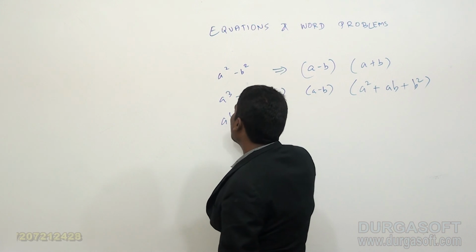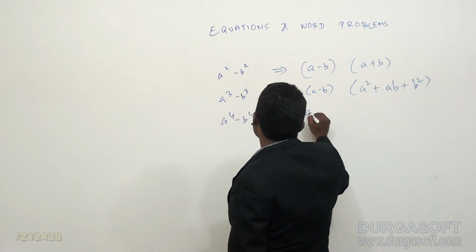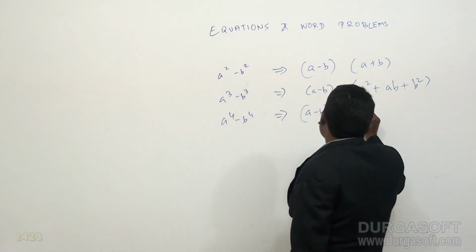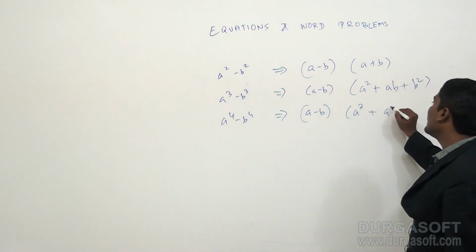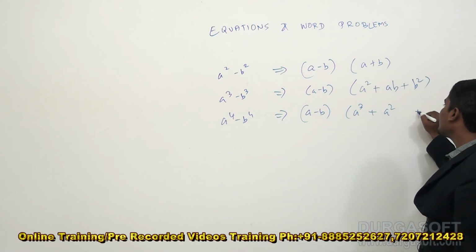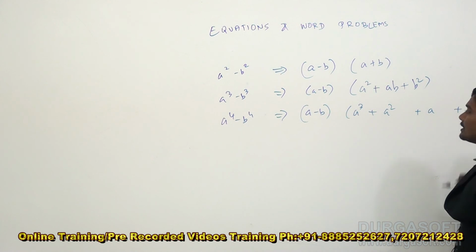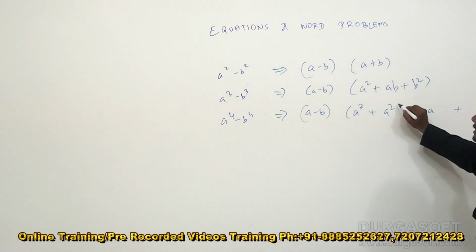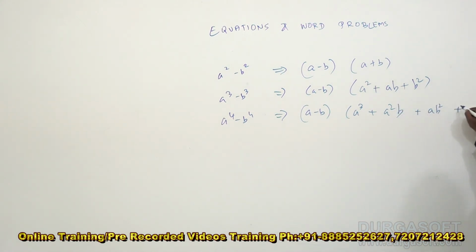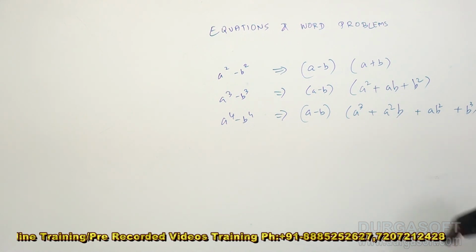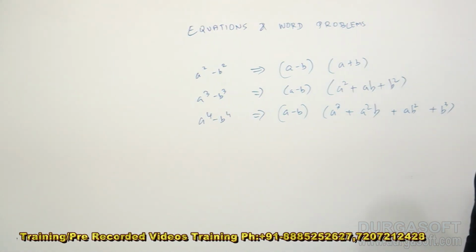So a power 4 minus b power 4, you can write it as a minus b into a cube plus a square plus a plus nothing. Same way, b's value I have to write b plus b square plus b cube. Just like how we wrote previously with the Pascal triangle.